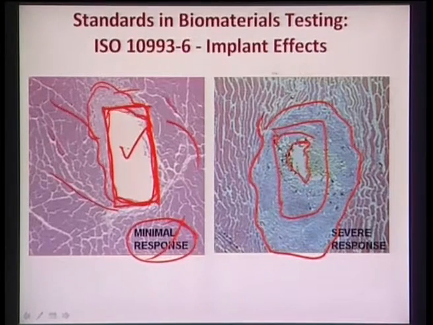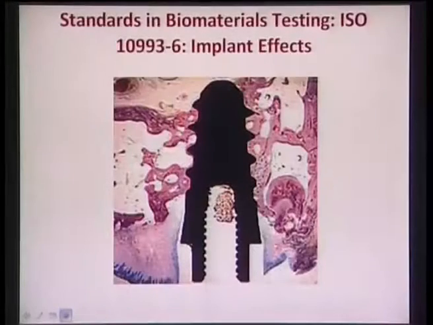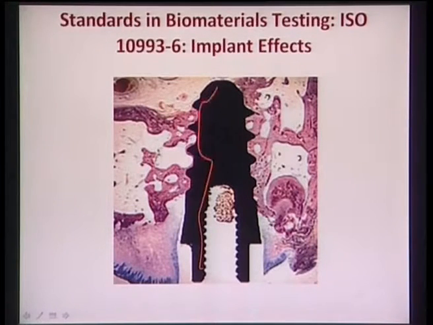So, this material you cannot use, while this one you can accept as roughly in vivo biocompatible. Now, you understand how qualitatively you can assess which of two different materials you will choose for in vivo biocompatibility. This is like dental screws, which are put inside as dental restorative applications.